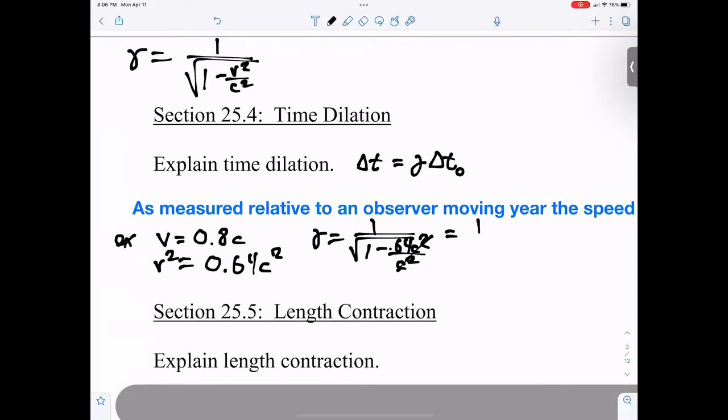So gamma is essentially 1 over 0.6, which is essentially 1.67.